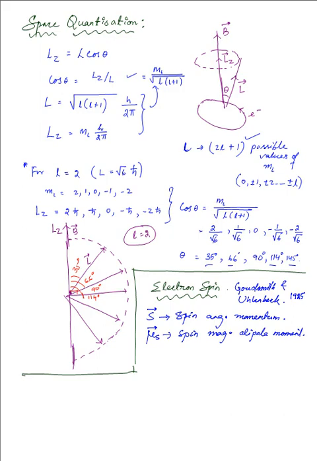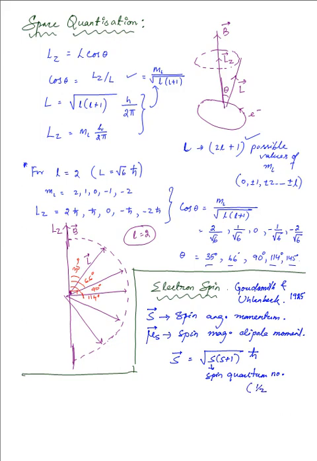Now if we take up the language of how the orbital angular momentum and the dipole moments were dealt with, we'll have the value of the spin angular momentum S to be equal to root over S times (S plus 1) h bar. Here the only value that we can use for S, that is the spin quantum number, is half and minus half.